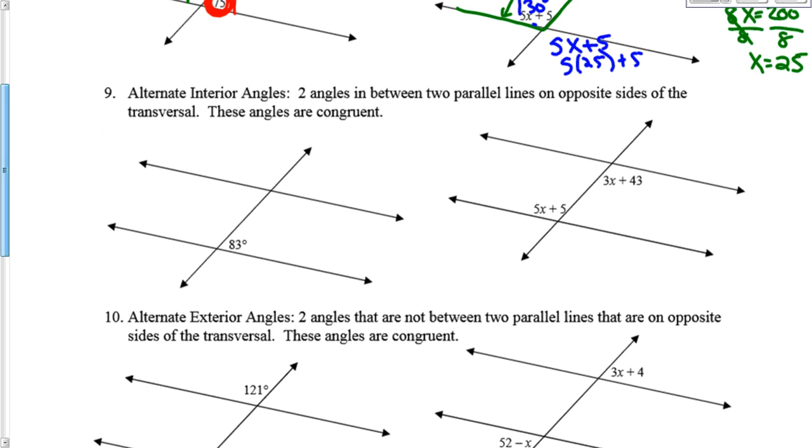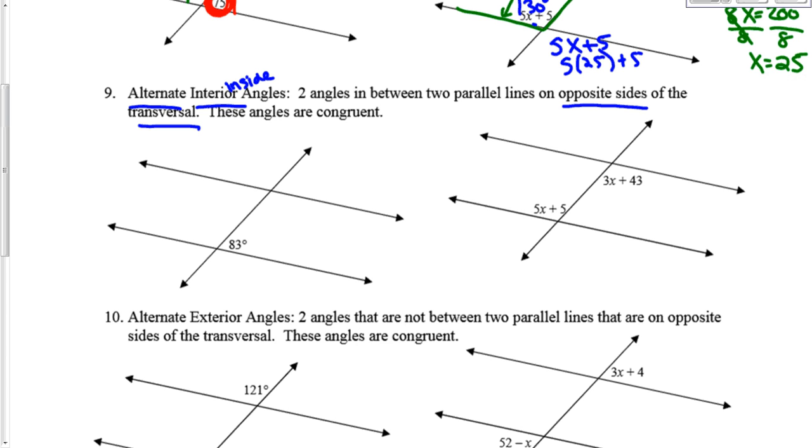All right, my next set of special angles are called alternate interior angles. Okay, once again, interior meaning inside. Alternate meaning on opposite sides, which you see right over here, opposite sides of your transversal. So we're looking for angles that are on the inside of your parallel lines on opposite sides of the transversal.